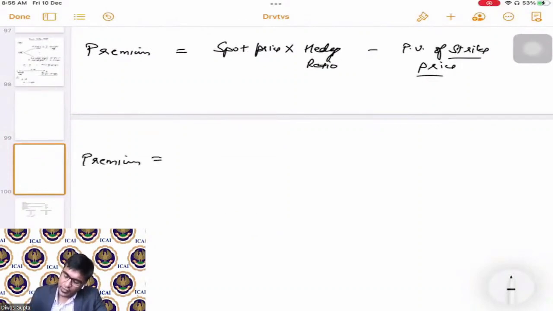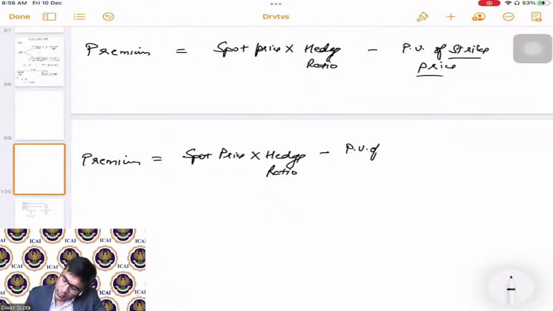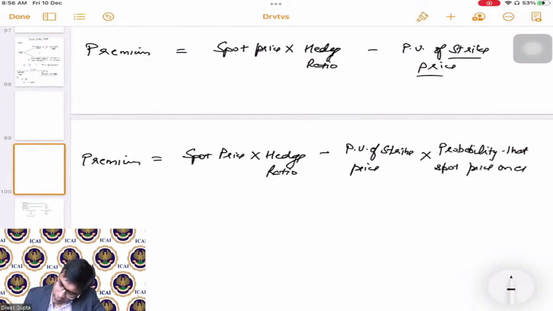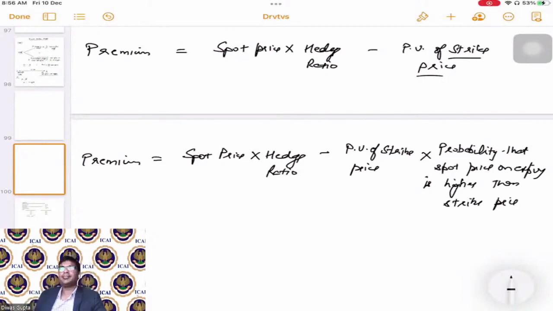I am now finally writing the exact formula. Please note this point down.